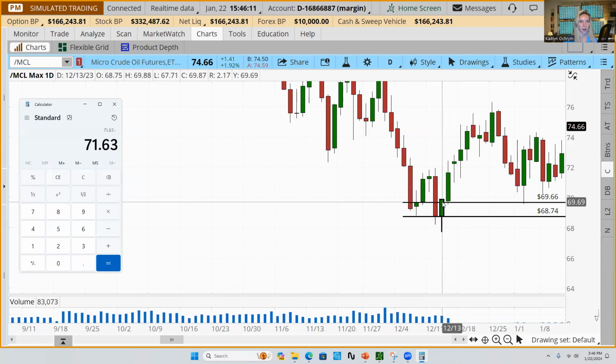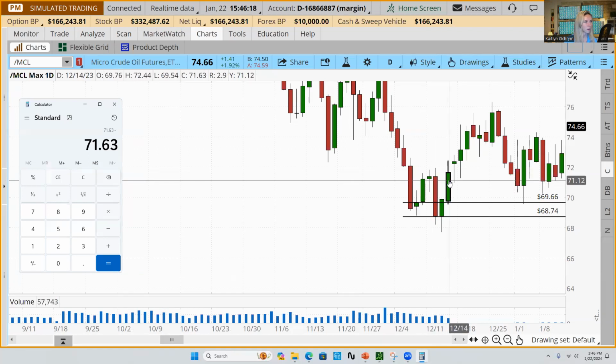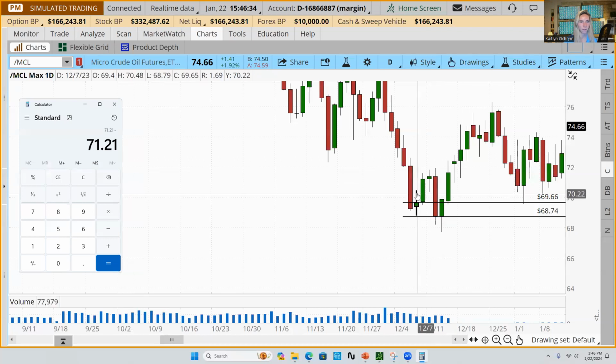If we're getting in at the high of the, that was that, right? Oh no, wrong candle. I want to use Jerry's example. So this setup here, if we got long above the high, the close of the next candle was 71.21. Say we stayed till the close, we got in above the high of the flip candle, which was 70.48.